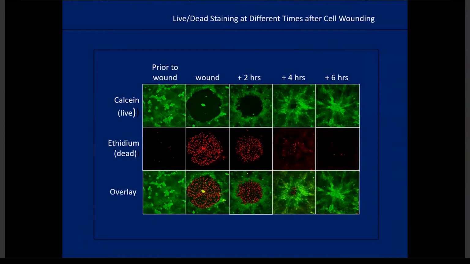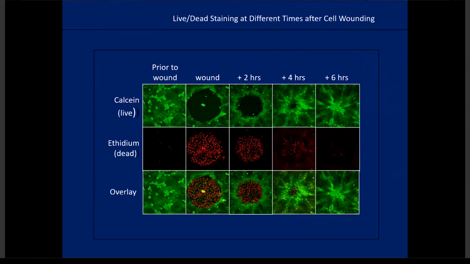We've stained the cells with the vital stain calcein AM, the green stain, and also with ethidium to light up the nuclei if the membranes are compromised and that dye can find its way to intercalate in the DNA. And what we clearly see here is that prior to wounding, we see the green stain in place, very little ethidium lighting up in the nuclei.